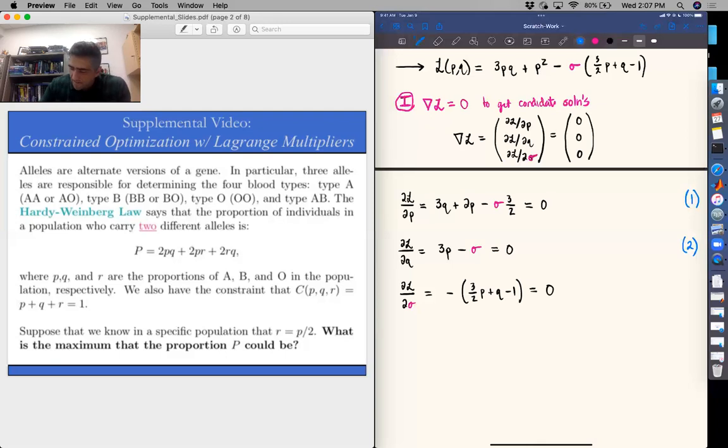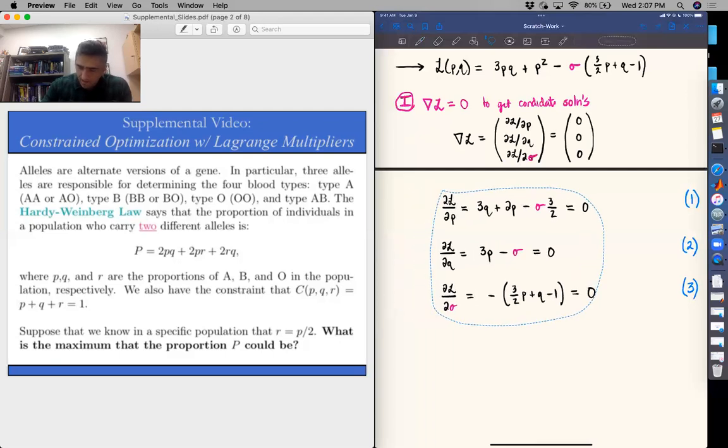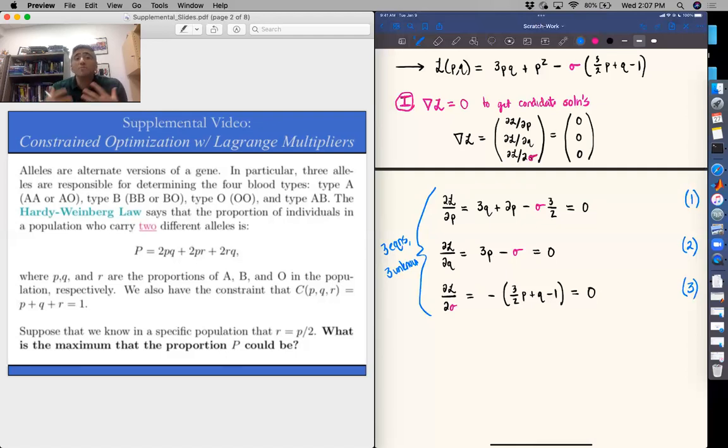All right, so we now have this system again. If we look at this, this is a system of 3 equations and 3 unknowns, our unknowns being P, Q, and sigma, our Lagrange multiplier. So we should be able to solve this system.